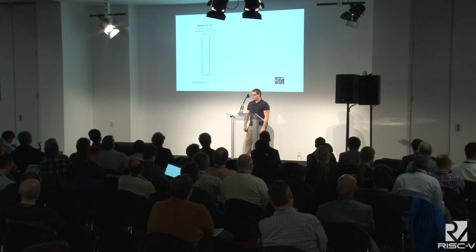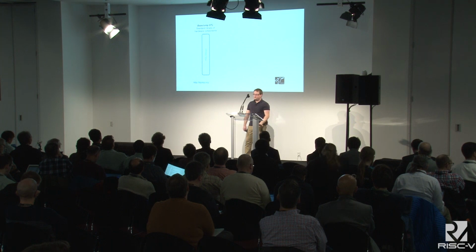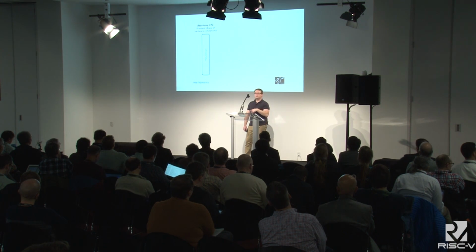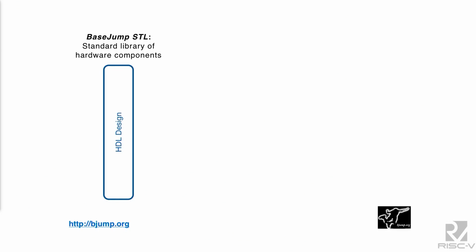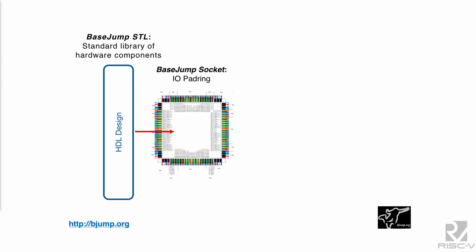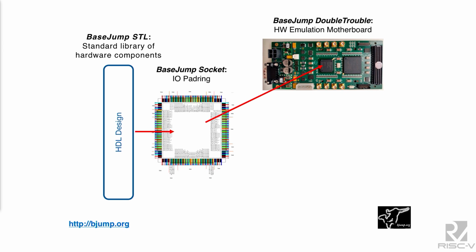Okay, so I'm going to wrap up and just show you the BaseJump flow here. Use BaseJump STL as a way of raising the level of hardware design. Instead of designing all of your own leaf level components, we can leverage that infrastructure by crowdsourcing across the world people's collective knowledge and how to build those components in a bug-free way. Then you use the patterning definition that I described, so you can just glue your RTL in there.